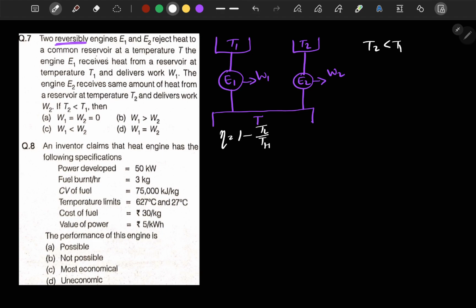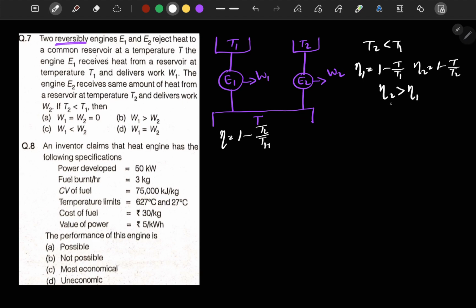For engine E1, efficiency 1 is equal to 1 minus T by T1, and efficiency 2 is equal to 1 minus T by T2. Now T2 is less than T1. If the reservoir temperature value is small, then efficiency will be larger. So we can say that efficiency of 2 is greater than efficiency of 1.